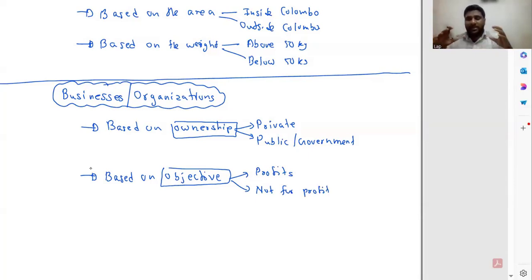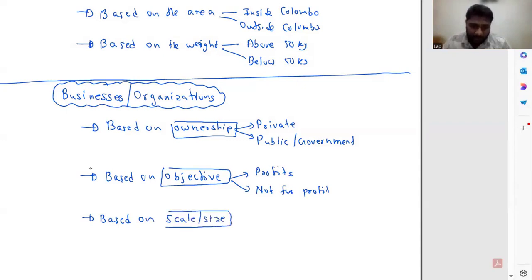So if you classify based on ownership, you can classify private and public. Public means government. If you classify based on objective, you can classify profit objective businesses and not for profit objective businesses. And the next one is based on the scale or size of the business.